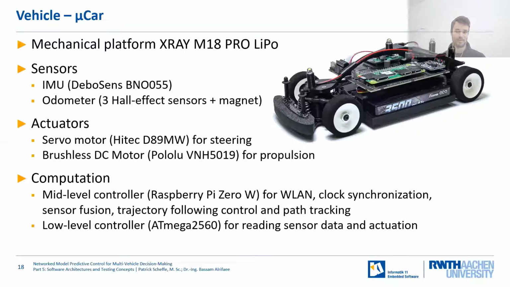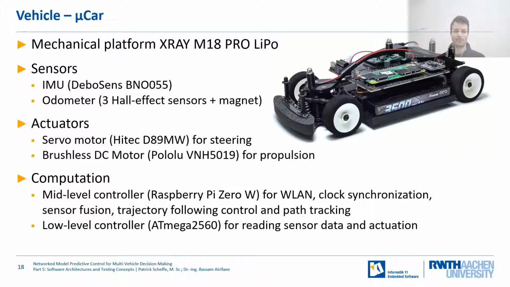And then for computation hardware, we have two boards on there. A Raspberry Pi Zero, which we use for wireless LAN and synchronization of clocks in the lab. It also does the sensor fusion job, and computes control actions to follow trajectories or to follow a path.